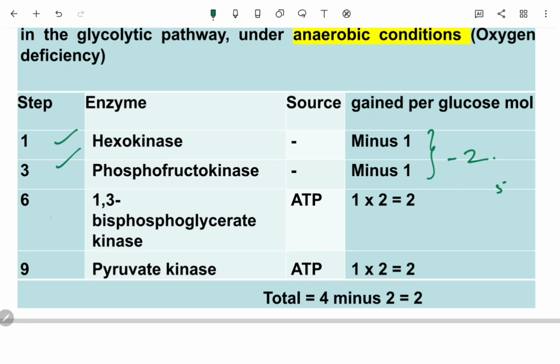Now, step number 6 and step number 9 generate ATP. Since we are counting 2 molecules of glyceraldehyde 3-phosphate, we count plus 2 ATPs in step number 6 and plus 2 ATPs in step number 9. So 4 minus 2 will give you 2 molecules of ATP. So in anaerobic conditions, there is generation of 2 molecules of ATP.